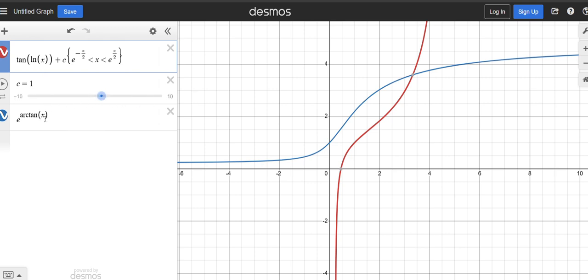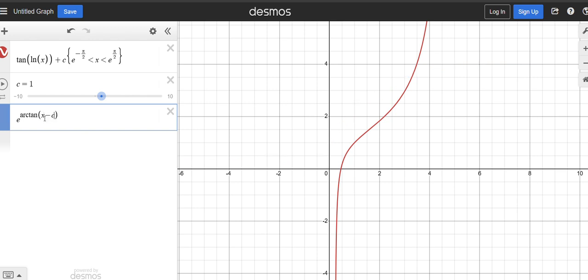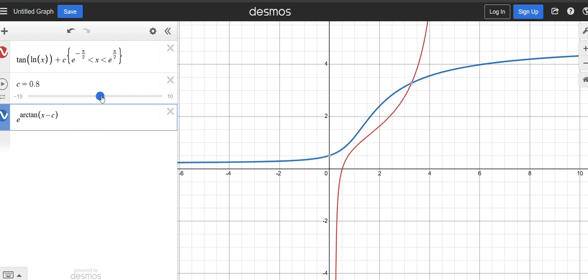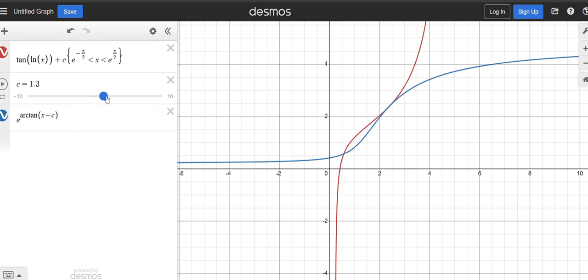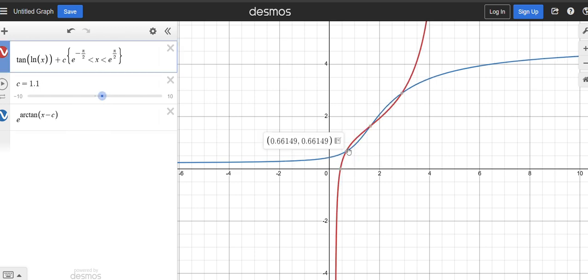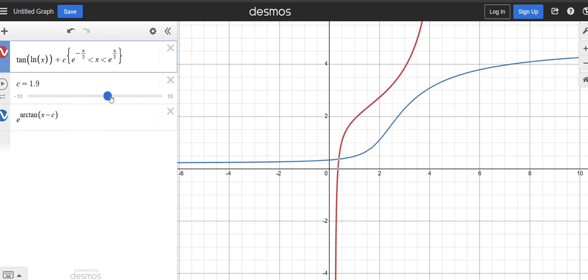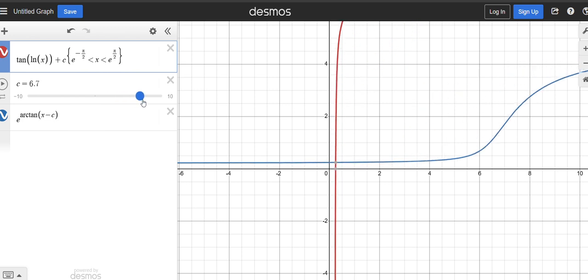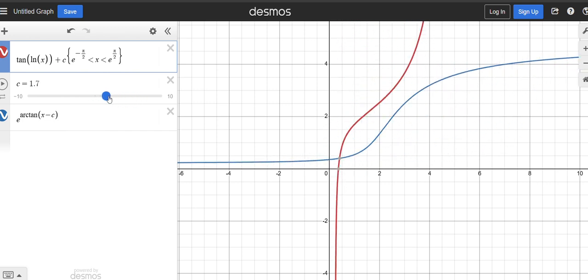And then that changes the inverse to arctan of x minus c, like that. So when we slide around c, we can see that the maximum amount of intersections is 3. So 1, 2, 3. And then as we increase c, it goes from 1 to 2, and then stays at 1. So 3.